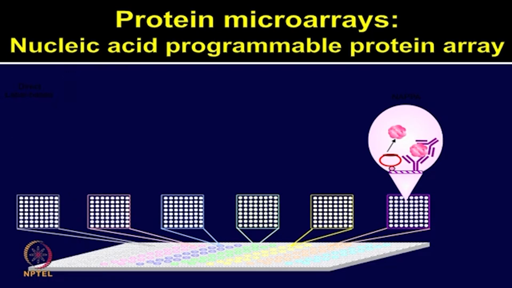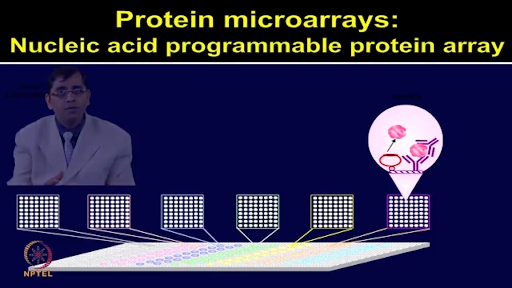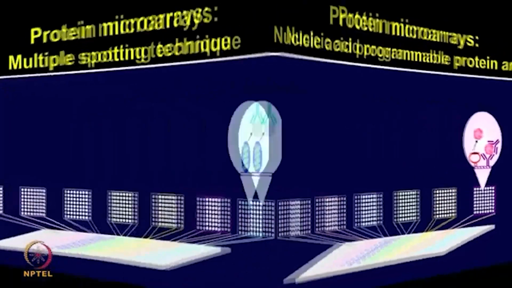Along with that, a capture antibody, which is anti-GST antibody, was also printed. Protein, after expression using a cell-free expression system, can be captured with the capture antibody.